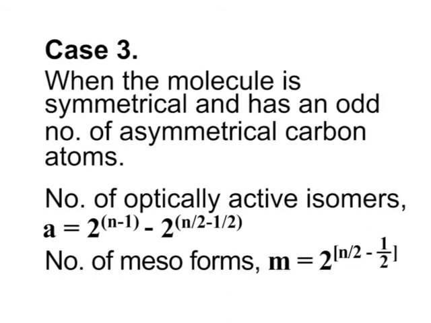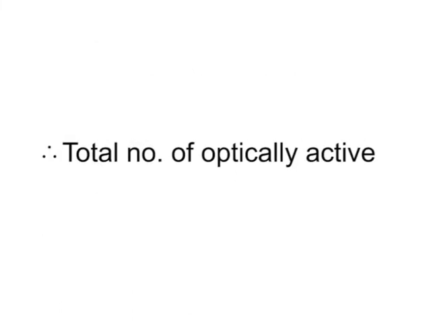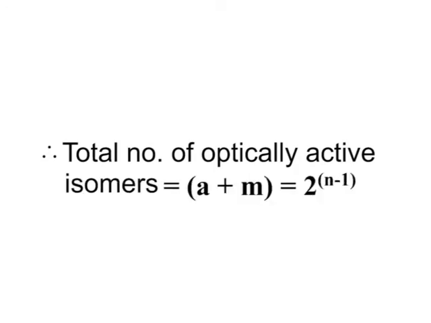Number of mesoforms M is equal to 2 to the power (n upon 2 minus 1 upon 2). Therefore, total number of optical isomers is equal to the sum of A plus M, which is equal to 2 to the power n minus 1.